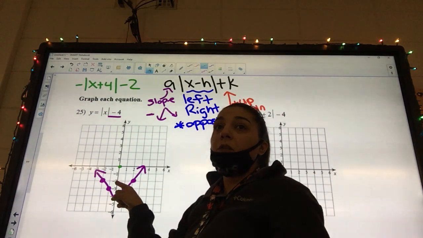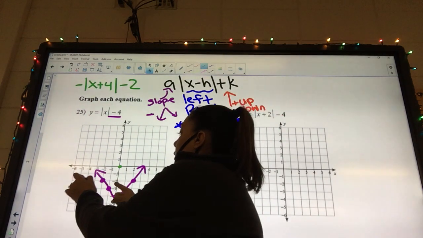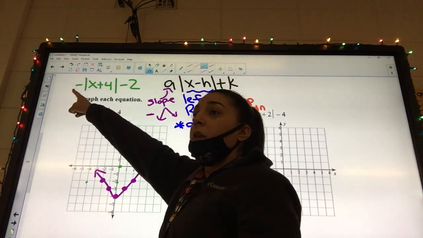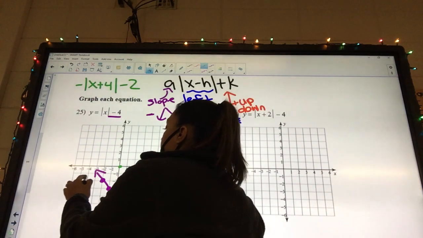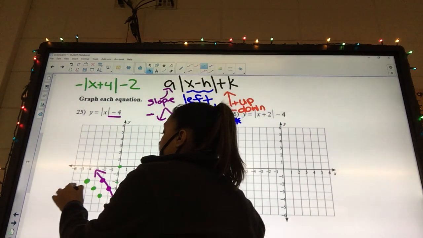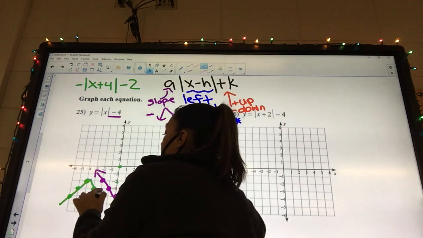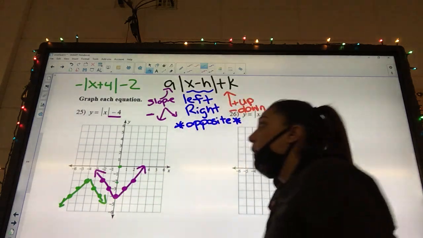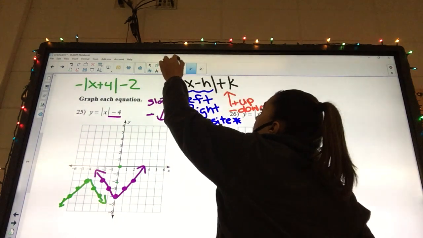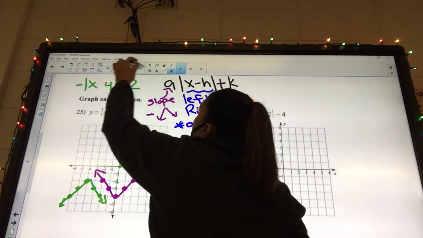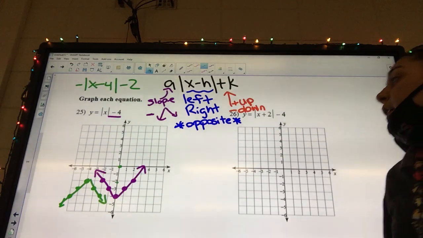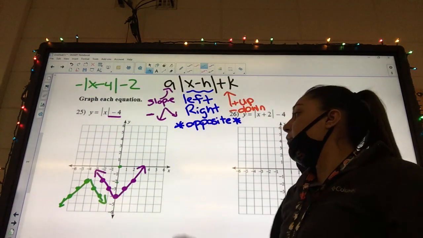What does that minus out front do? It means our graph opens downward. So this would be our start, and this is what your graph would look like. What if it said a -4 on the inside? Then you would go to the positive, from here to +4.